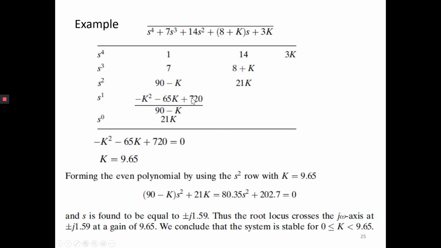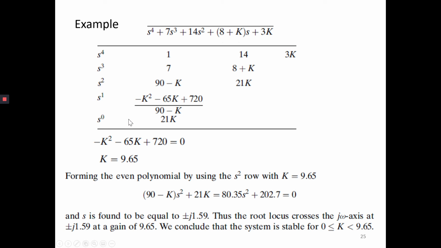So we take this one and equalize it to 0 to determine the value of k. In this case, we have k equal to 9.65, and then from this one we move to the row above this one.